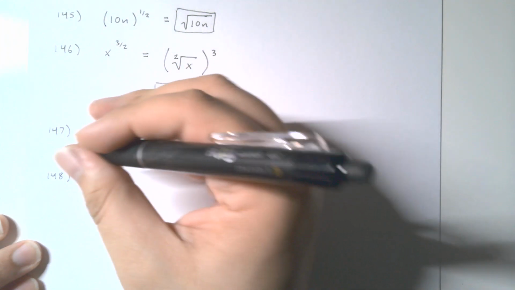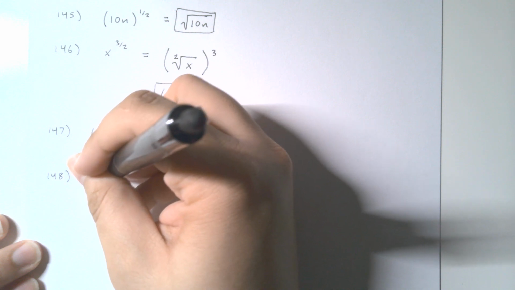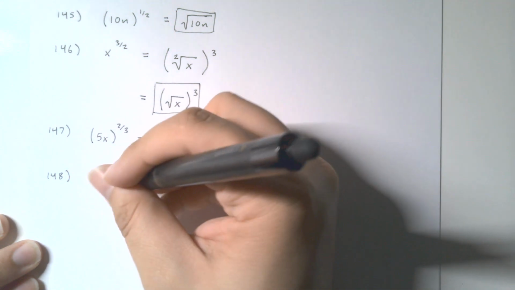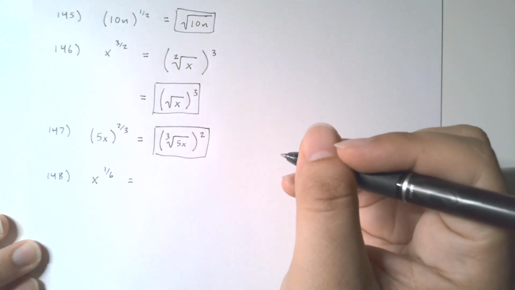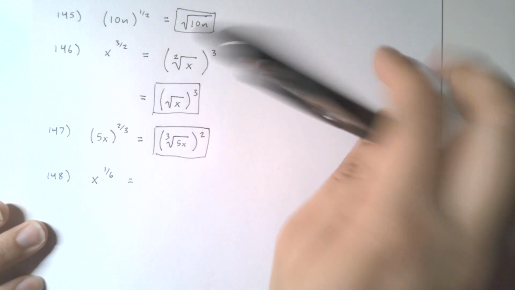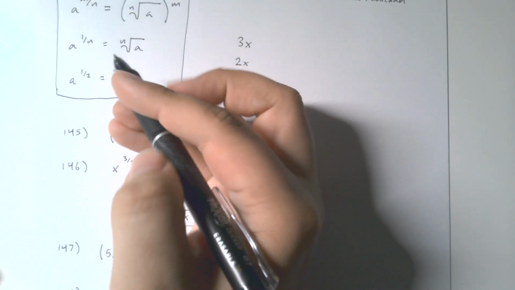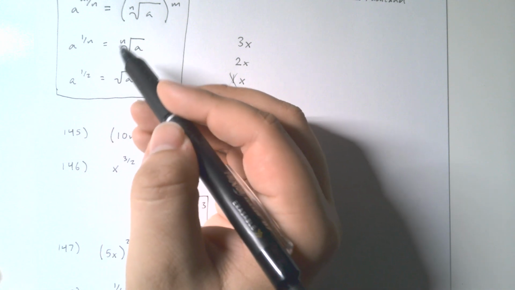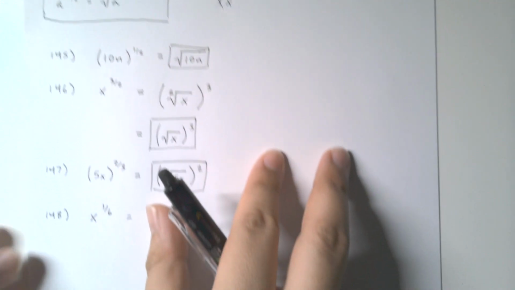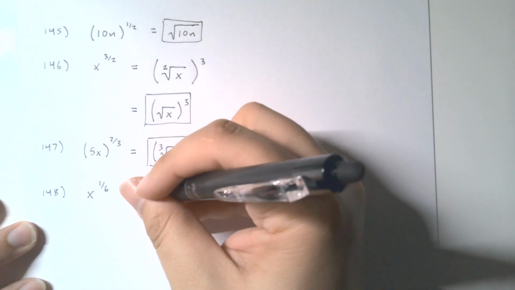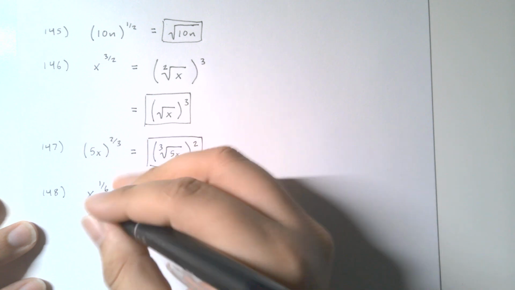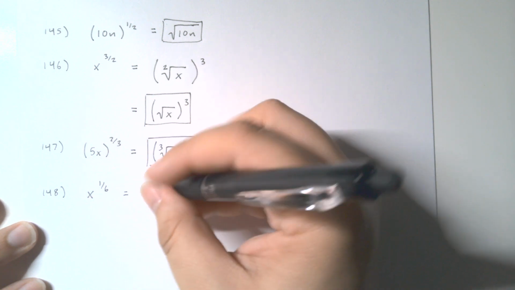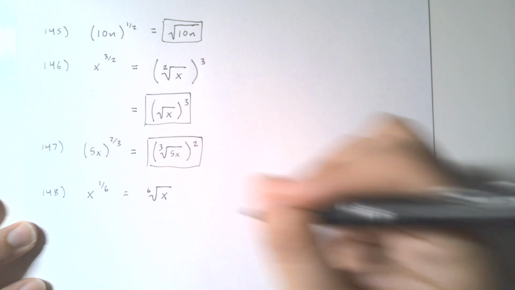For 148, we have x to the 1/6 power. So we can recall this property up here, that anything to the 1 over n power is just the nth root of that thing. So in this case, this would just be the 6th root of x.